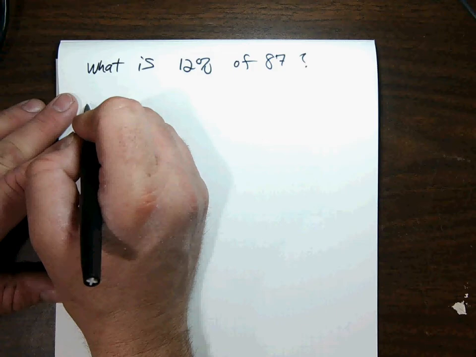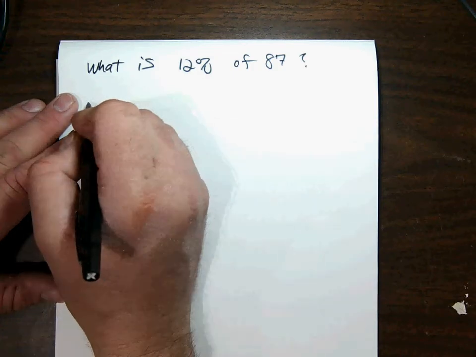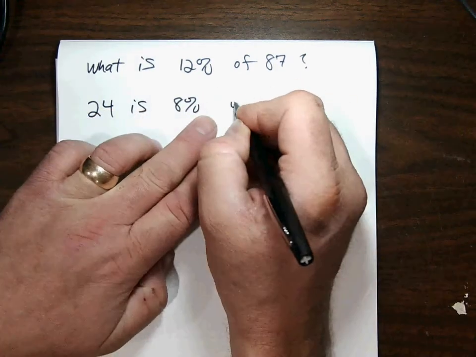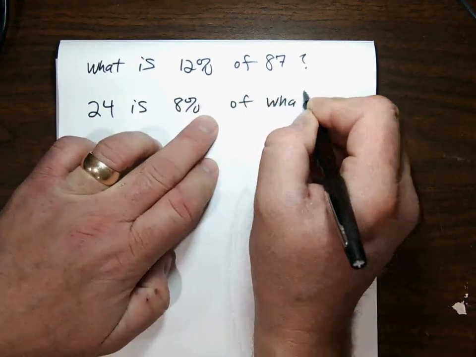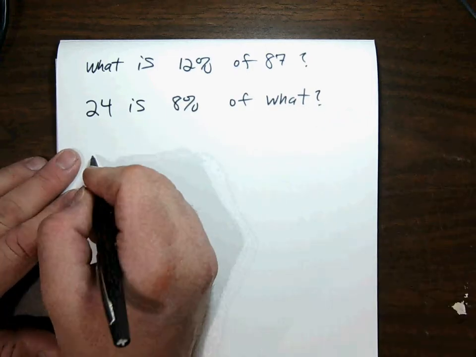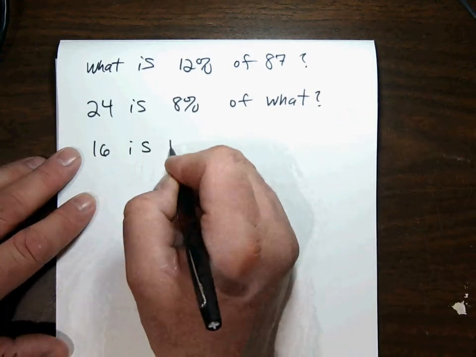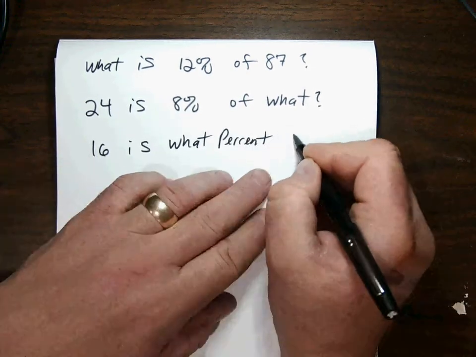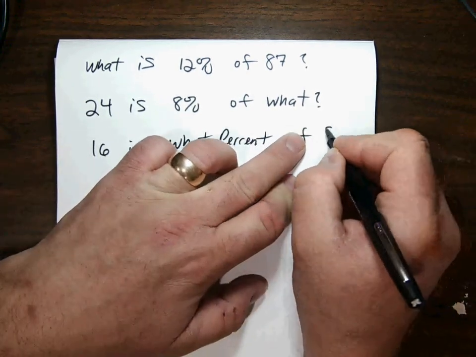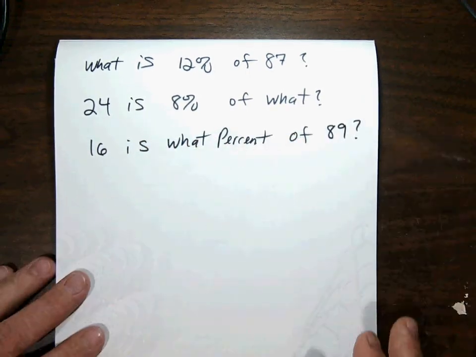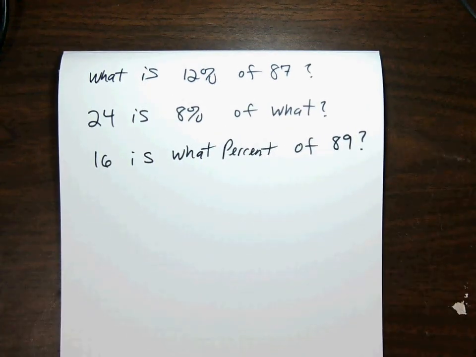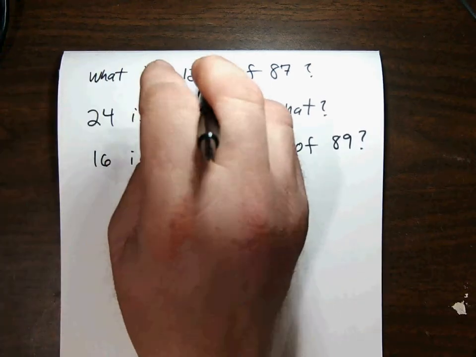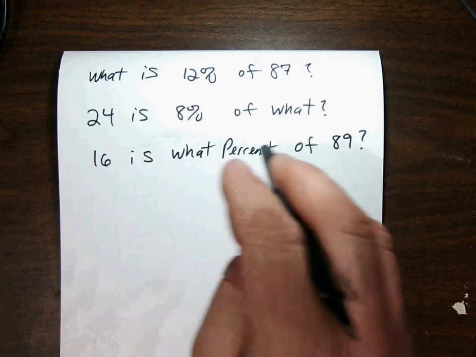Or, 24 is 8% of what? Or, 16 is what percent of 89? There are three different questions I just asked there. There are three unknowns at work here. Two of them have numbers.